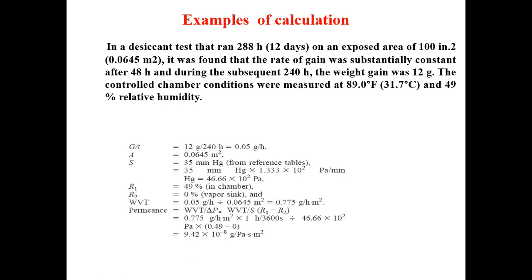So in this lecture we have covered what is the meaning of the term moisture vapor permeability, and its measurement process and its importance. So in short, I can say moisture vapor permeability is the ability of a fabric through which moisture vapor can pass.